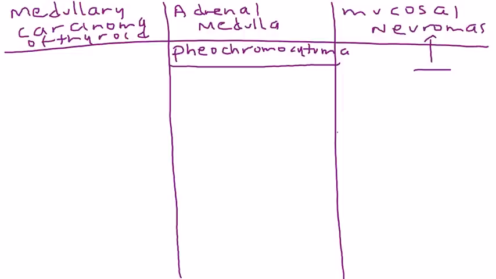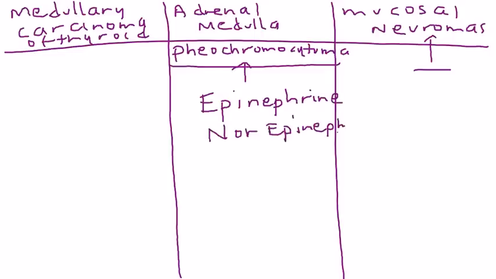The next one I'll talk about is this one. This is a tumor of the adrenal medulla, and it secretes two very significant catecholamines, epinephrine and norepinephrine. And this tumor, because it secretes very high quantities of these two catecholamines, the symptomatology is related to those two catecholamines.